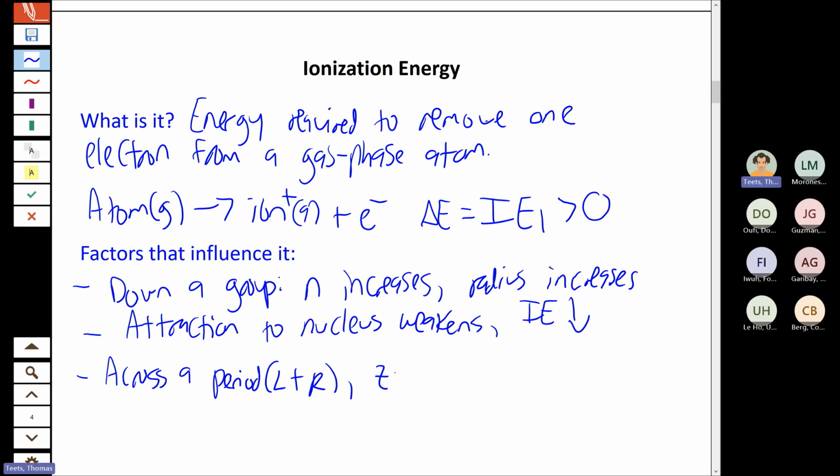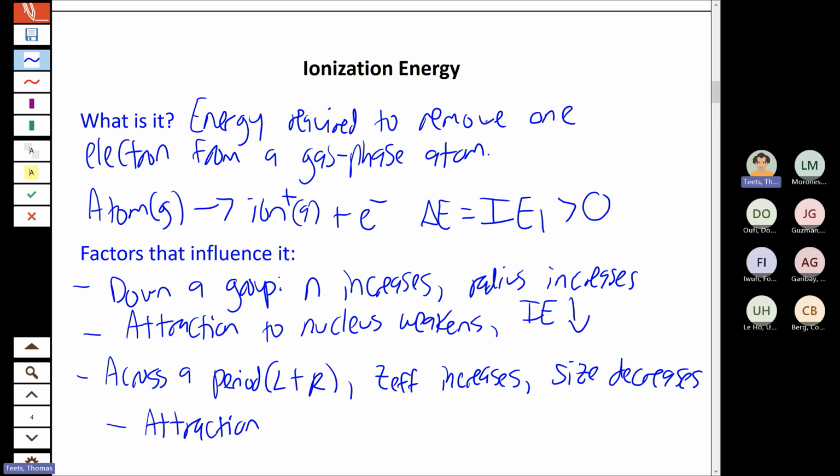We said this affects the radius as well. The effective nuclear charge increases and the size decreases. That's the trend we just introduced. So as the size of the atom gets smaller, as the electrons get closer, that means the attraction of the nucleus becomes stronger as you move left to right.